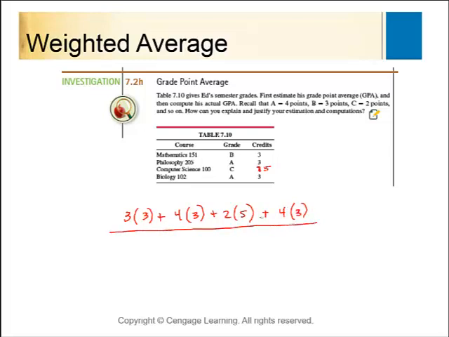My total number of credits now is not 12, but it is what, 14? Yes, so I'll compute this. So changing that C to a 5 credit class, my grades didn't change at all, but changing the weighting of those grades really changed this. Now it's a 3.0 instead of a 3.25, I think was the other one.